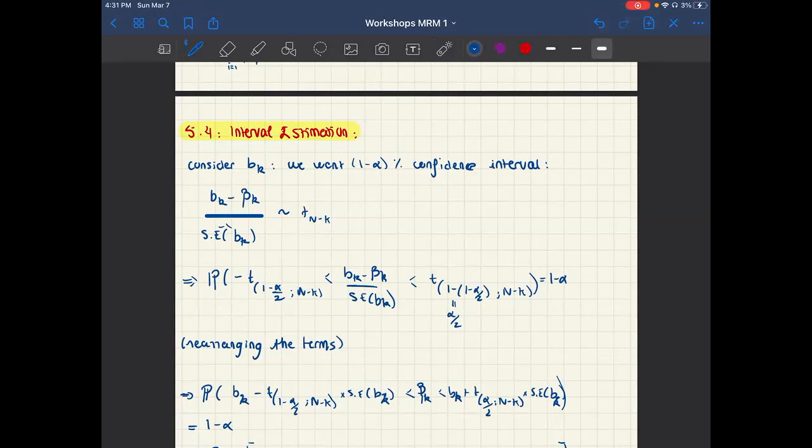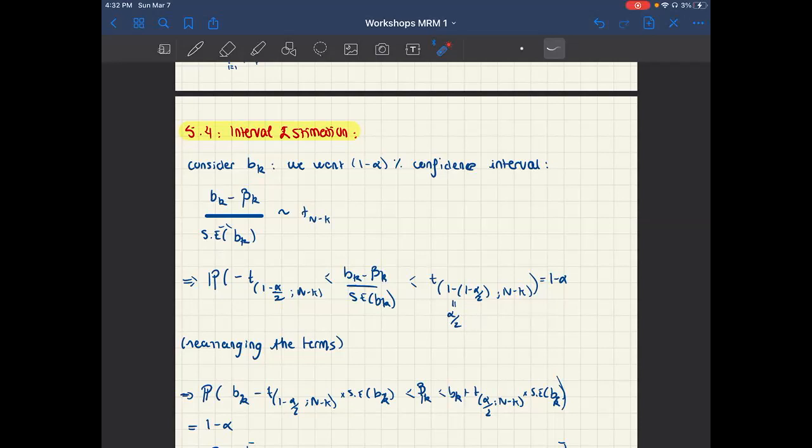And the immediate consequence is that, well, the probability of minus the critical value from the t distribution with 1 minus alpha over 2 level of confidence and n minus k degrees of freedom smaller than this random variable right here, which follows this distribution, smaller than this value right here, is equal to 1 minus alpha.